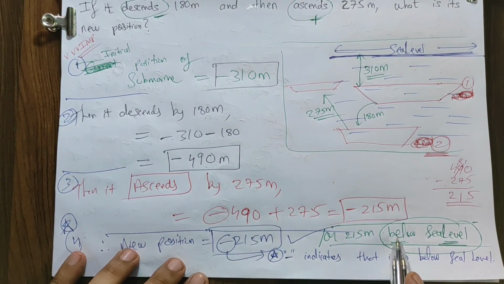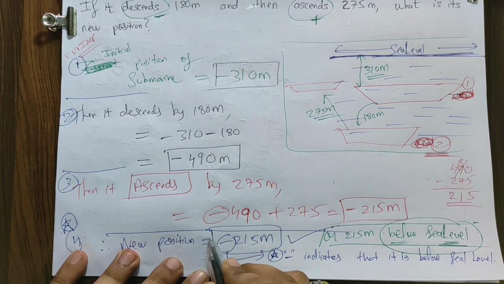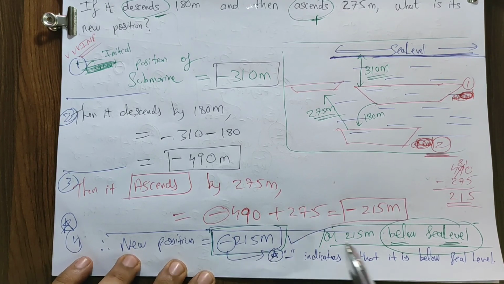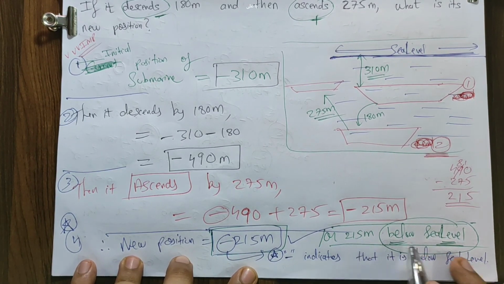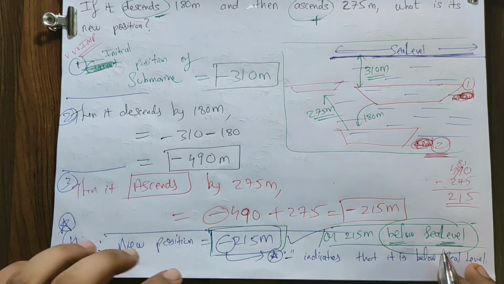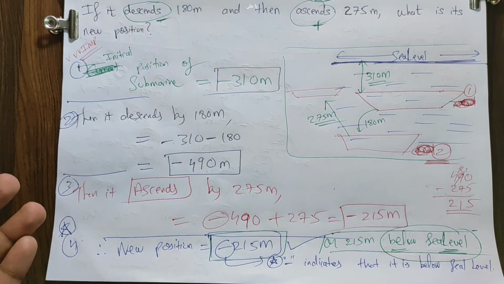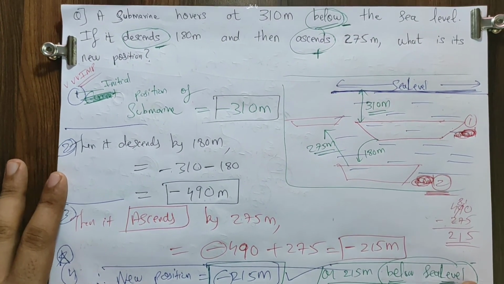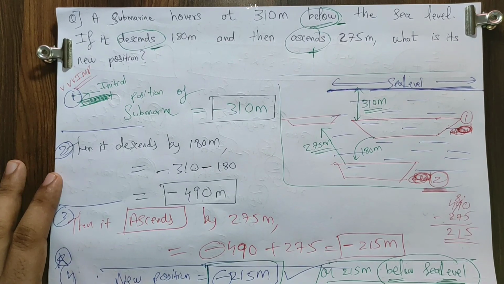If you don't want to write this below sea level, then if you only write the new position is minus 215, then it's absolutely fine. So if you write minus 215 meter, it's absolutely correct. Or other way of writing is 215 meter, and you have to compulsory write below sea level. This below sea level indicates that it's minus, and distance cannot be negative. This minus over here indicates what? That it is below the sea level. Okay, all of you pause the video please. Amazing question and do it fast.